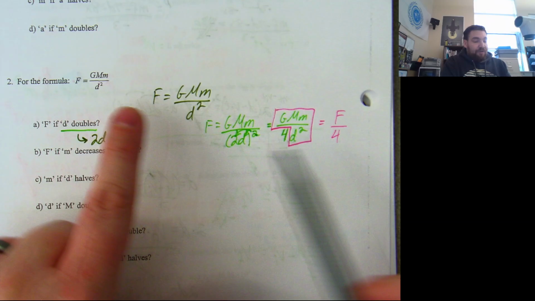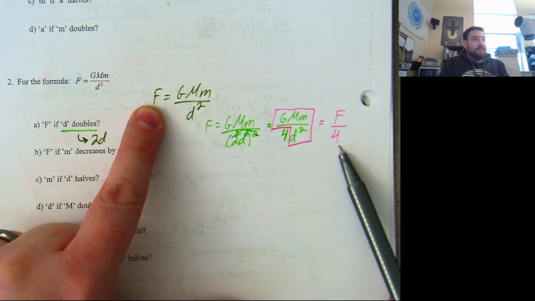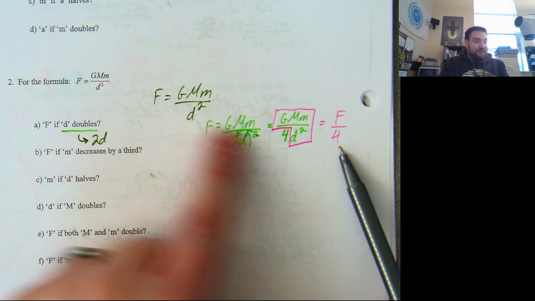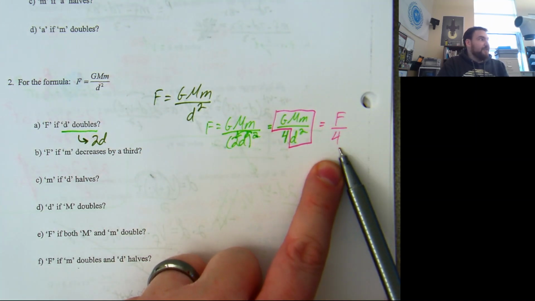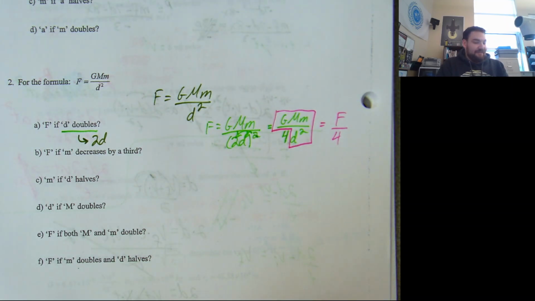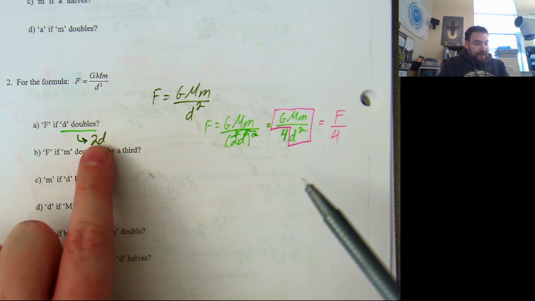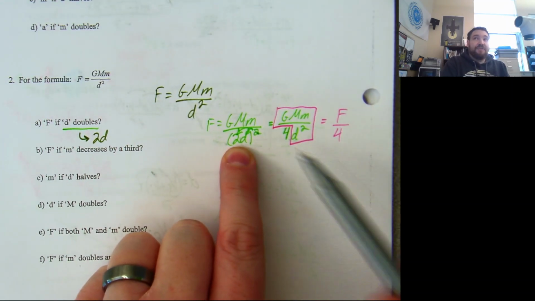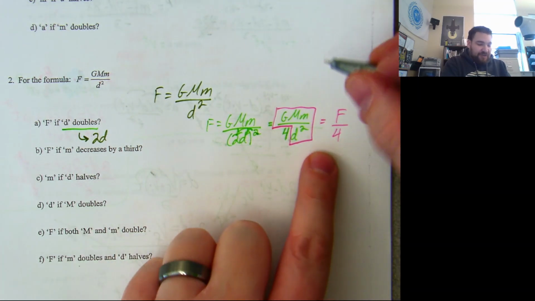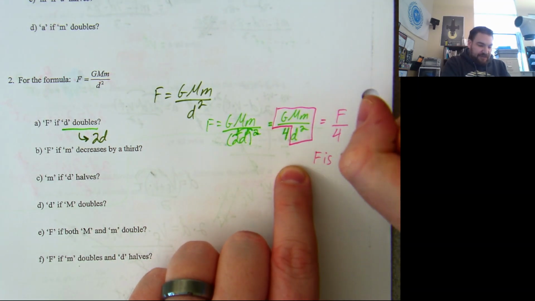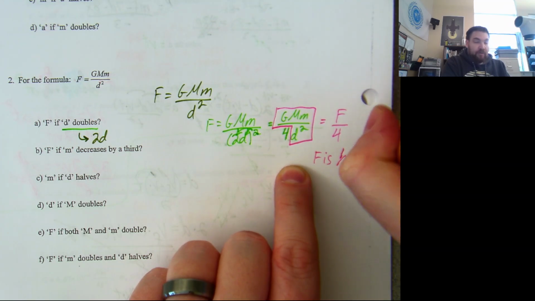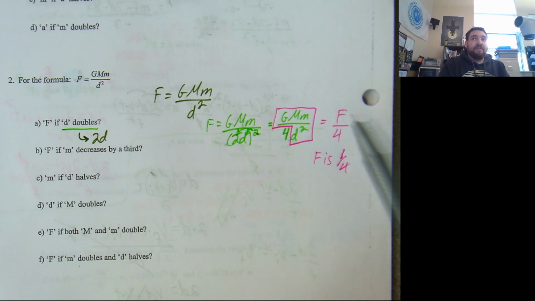Well, it's the same as if I took my original F and did what to it? Someone say something. Just read what's happening. Ray, read what's happening. It's getting divided by 4. So if you double this value that you plugged in down here, the end result, because this thing's being squared, is that F is 1/4 of what it started as.